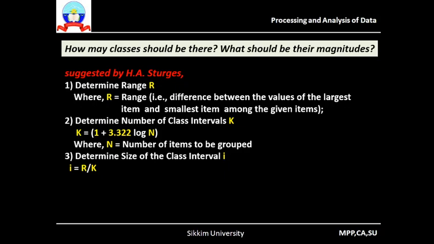In the third step, we determine the size of the class interval, where size is represented by I, so I is equal to R by K. So these are the three steps involved in the process suggested by H.A. Sturges for determining the number of class intervals and the size of the class interval.